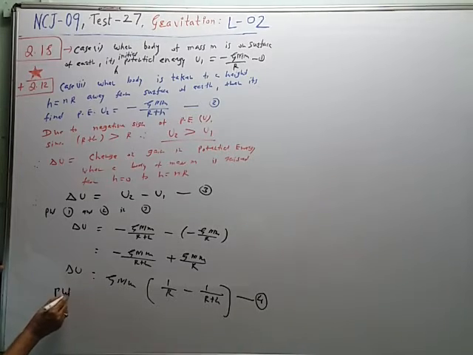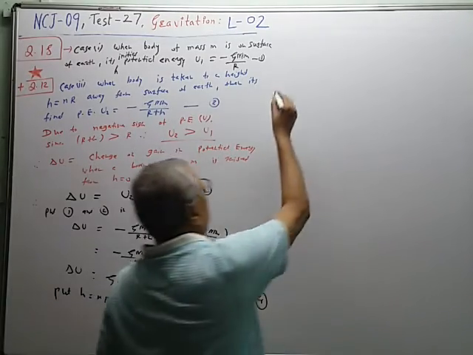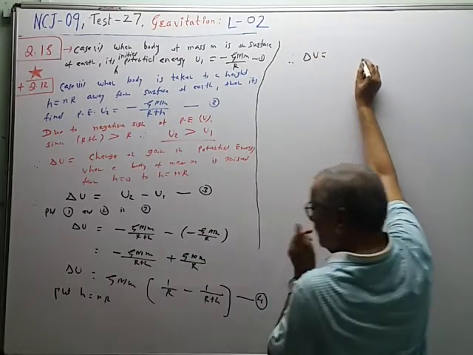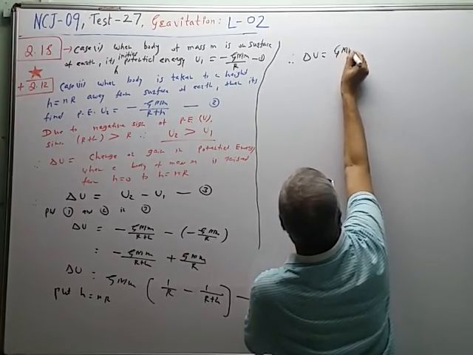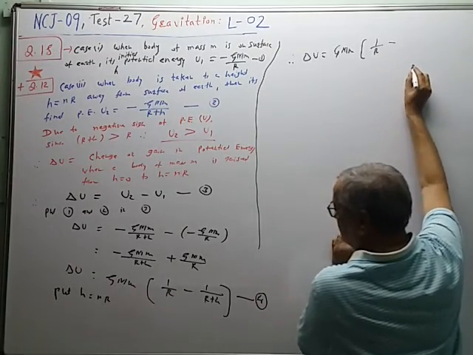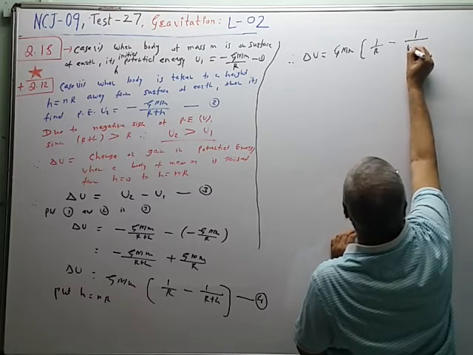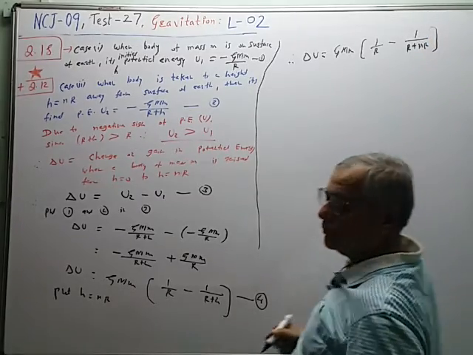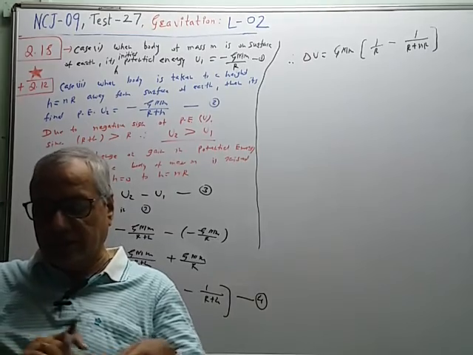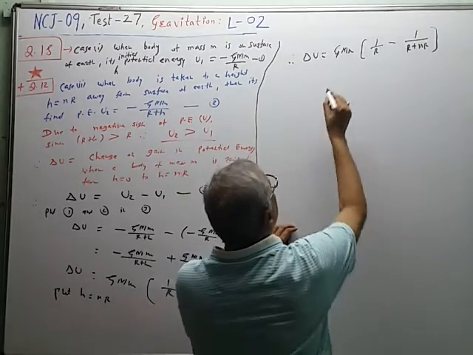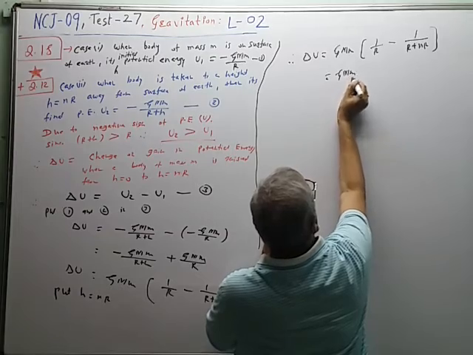Put h is equal to n times R. Therefore, delta U is equal to GMm into bracket 1 upon R minus 1 upon R plus n times R. So you have to find the answer in terms of small g. So the better way is to calculate this value.